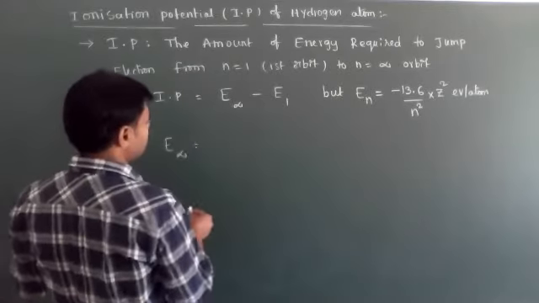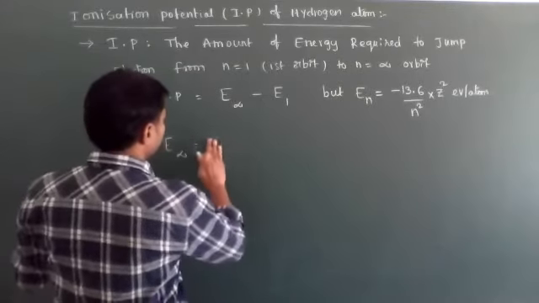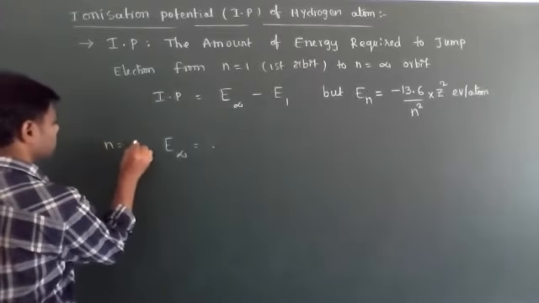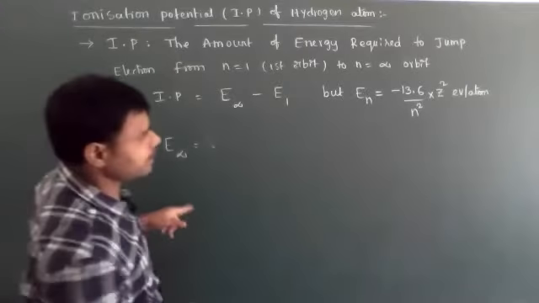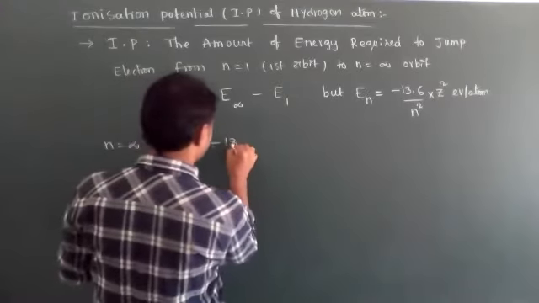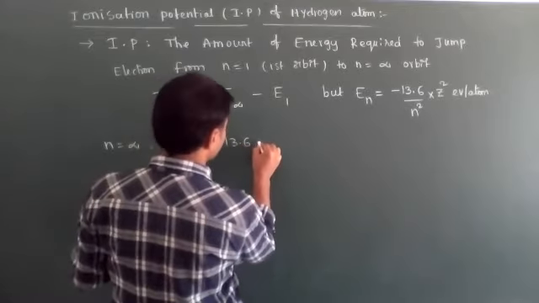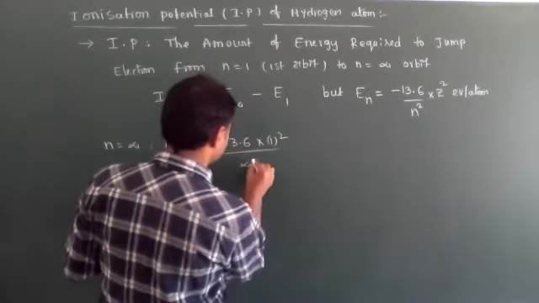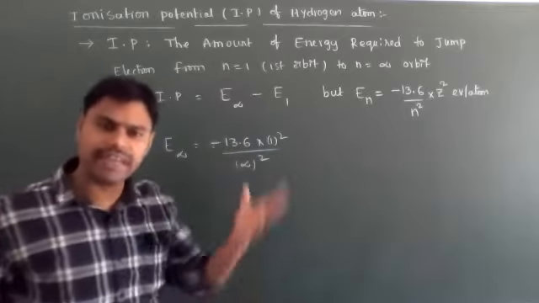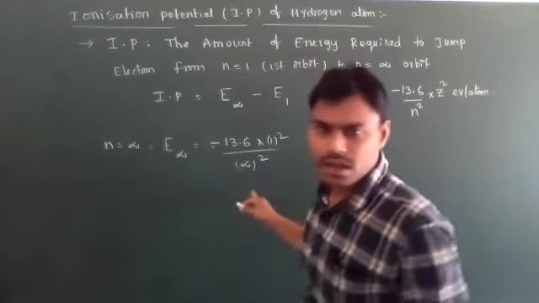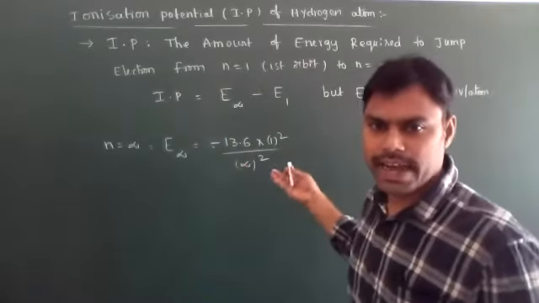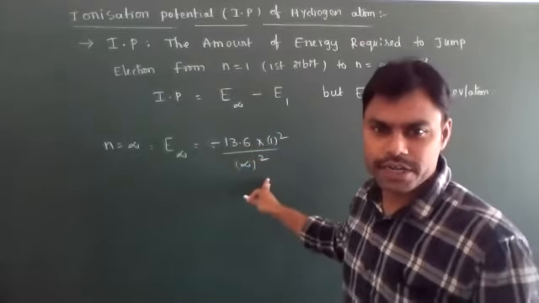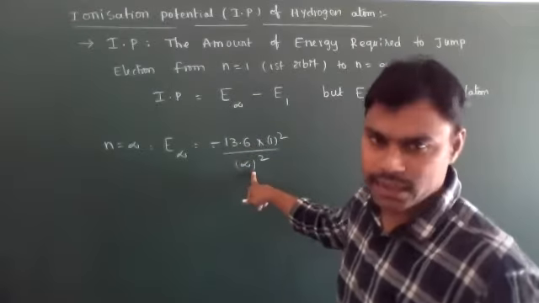E infinity means n equals infinity, then E infinity equals minus 13.6 into 1 square by infinity square. Actually infinity is nothing but a very large value, maybe 100, 1000, 1 lakh. What that energy level is, we don't know. The denominator is very high.